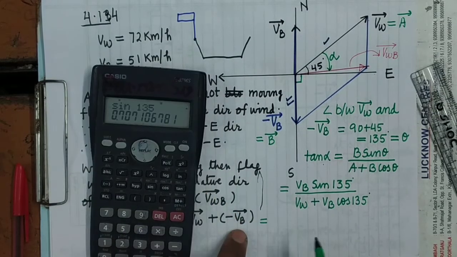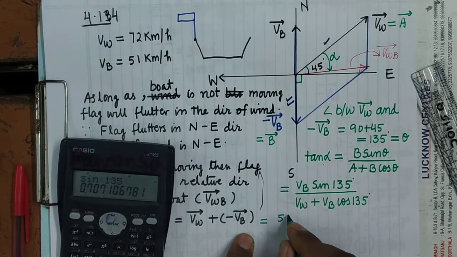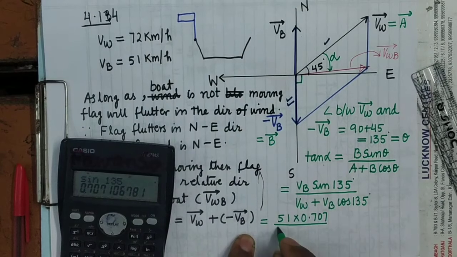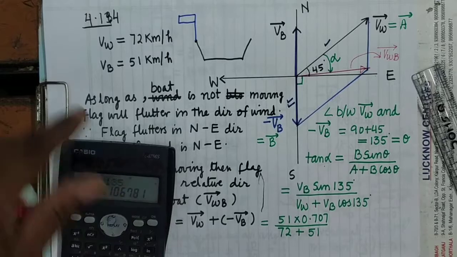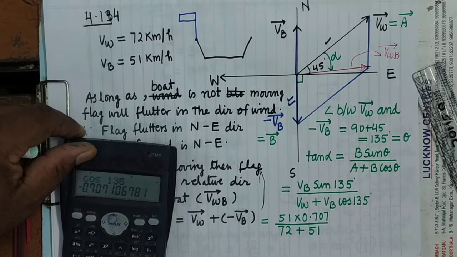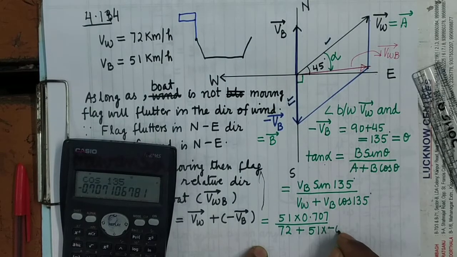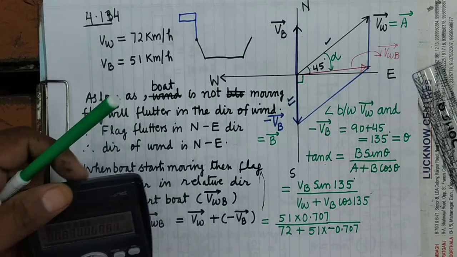VB is 51, times 0.707, divided by VW is 72 plus 51 times cos 135, which is minus 0.707.